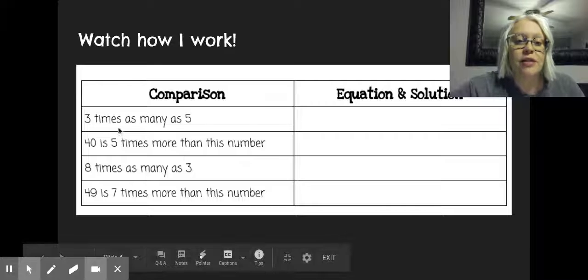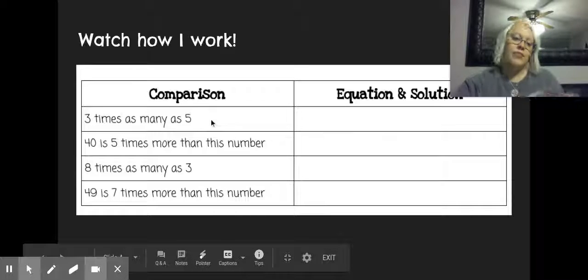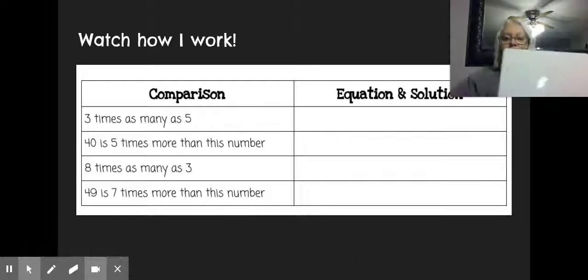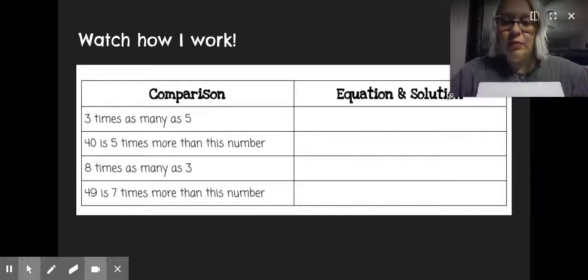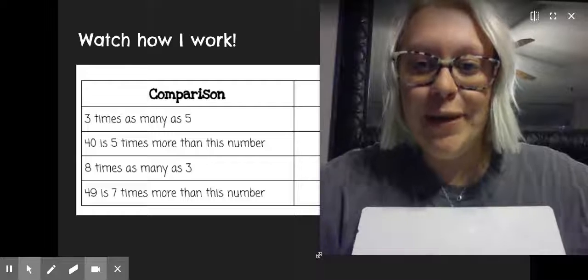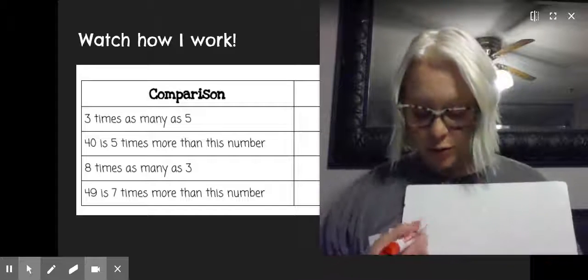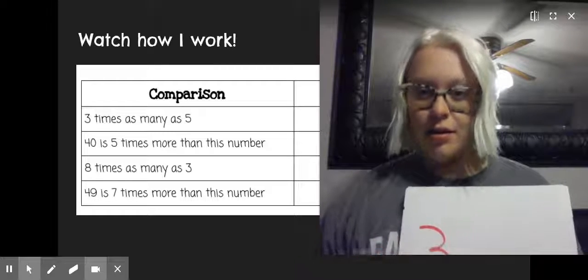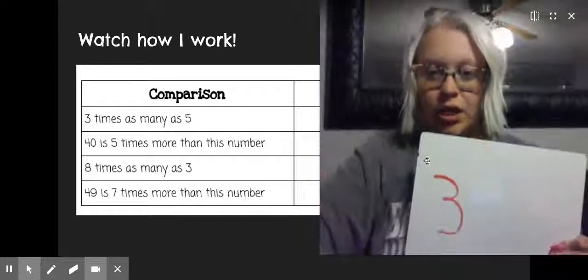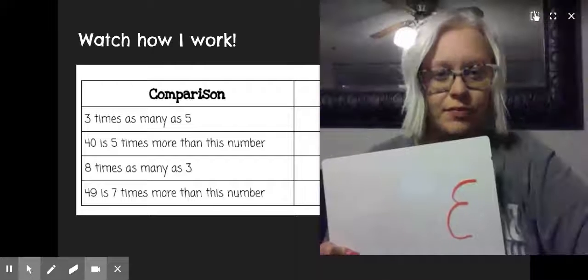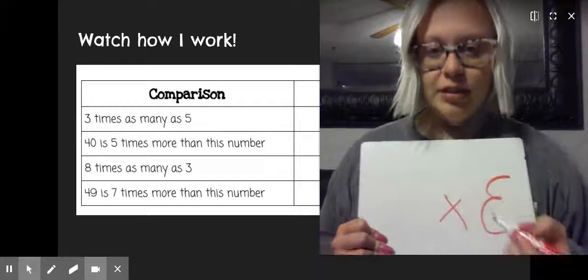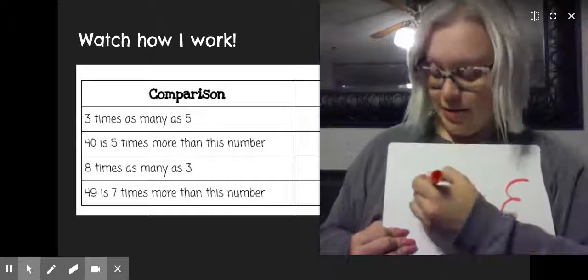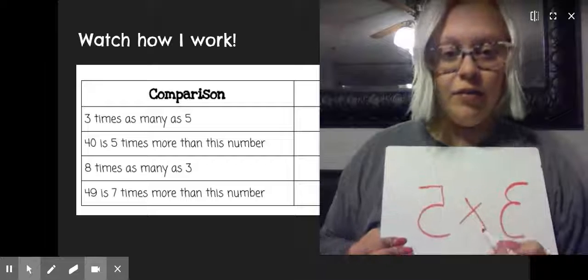The problem says, let's look at the first one. 3 times as many as 5. Okay, so I'm going to write this as I hear it. Let me make this a little bit bigger. So 3, times as many as 5.